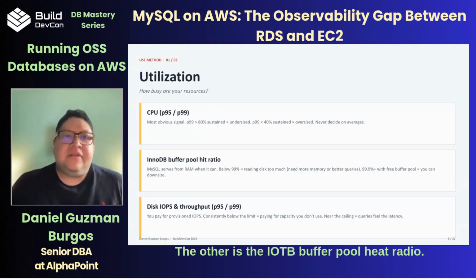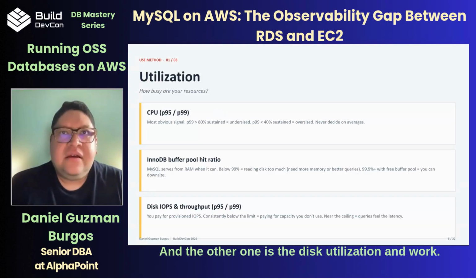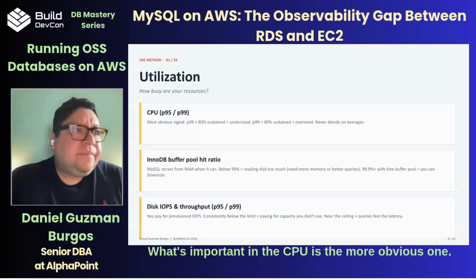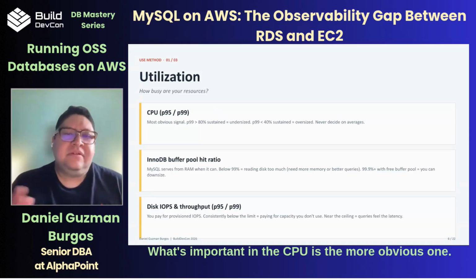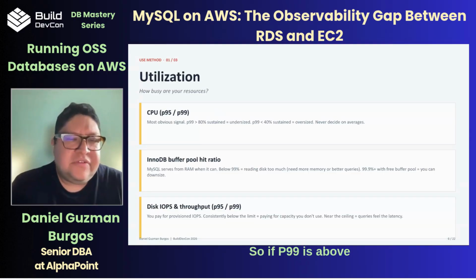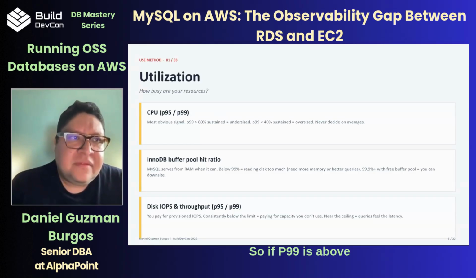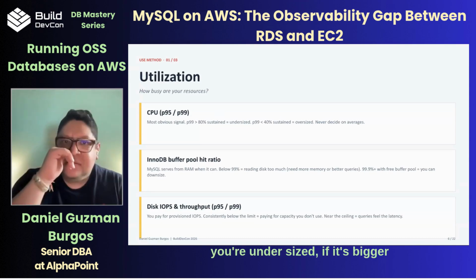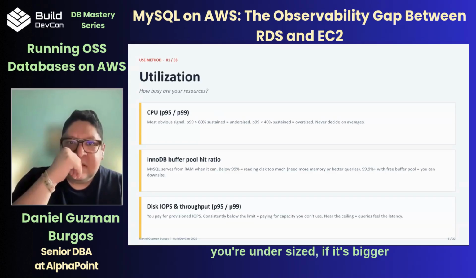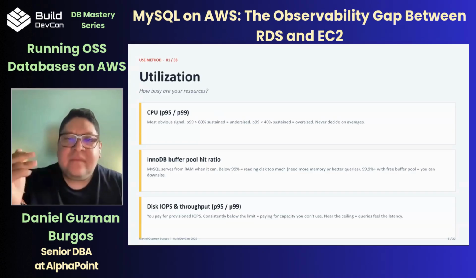The other is the InnoDB buffer pool hit ratio, and the other one is disk utilization. On the CPU, if P99 is above 80% sustained, you're undersized. If it's below 40% sustained, you're oversized.